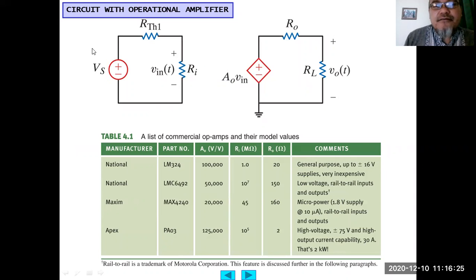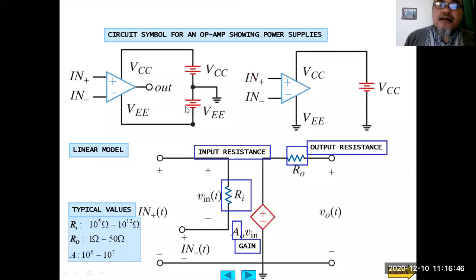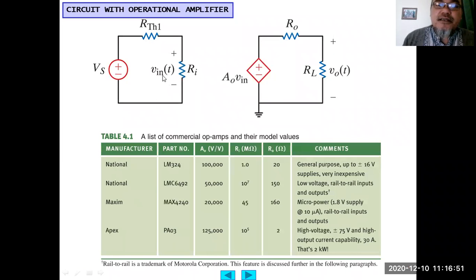The input, the left part, can be modeled as a Thevenin equivalent circuit, consisting of an independent source voltage, the Thevenin equivalent source, as well as the Thevenin equivalent resistor connected to this input impedance Ri through the non-inverting and inverting input terminals of the op-amp.